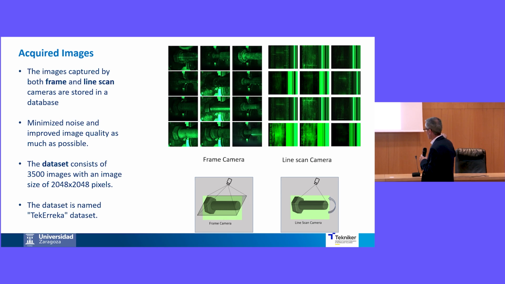These are some examples of images captured with the system, with the frame cameras or the line scan cameras. These are accurate enough, but using line scan cameras you can have much more accuracy, 4,000 by 4 or 8,000 pixels of resolution. With both technologies, one of the objectives was to have a dataset with enough information about the fasteners and the defects on the surface.